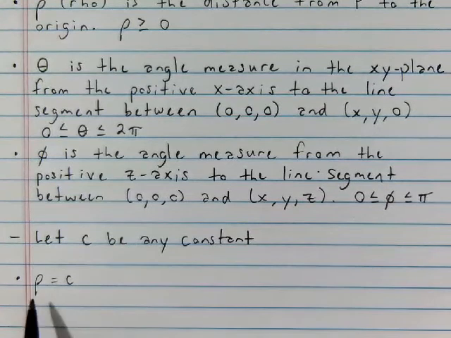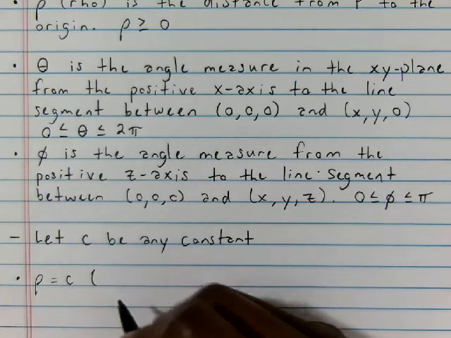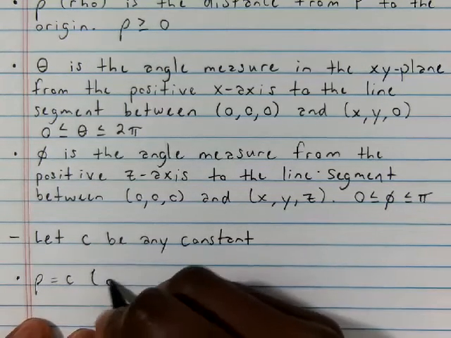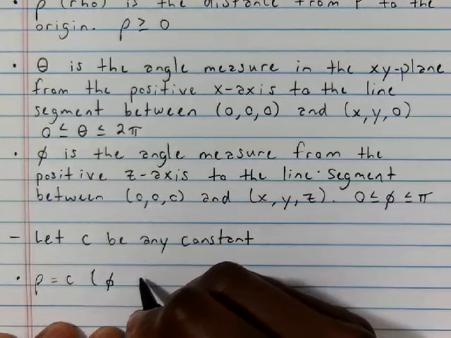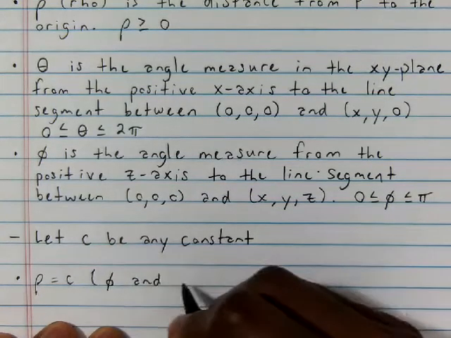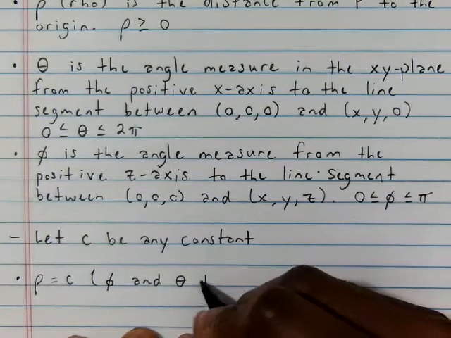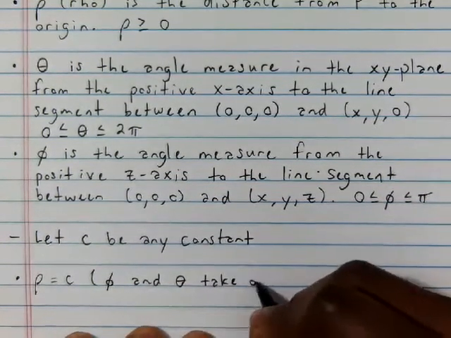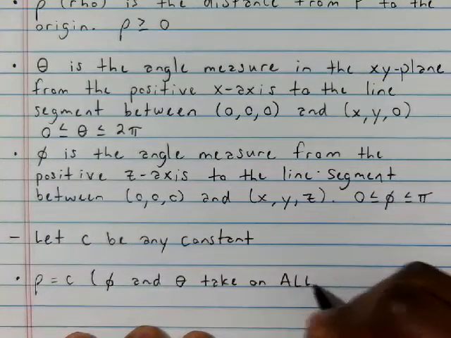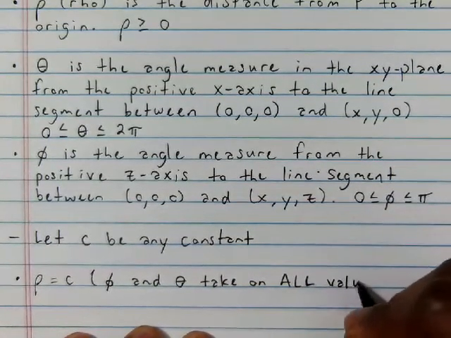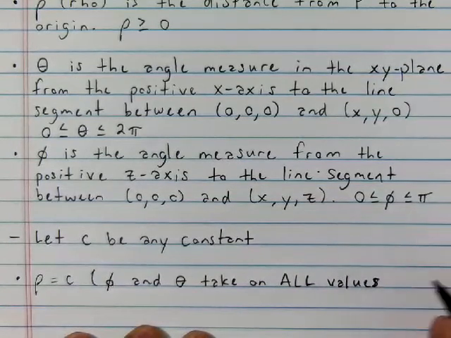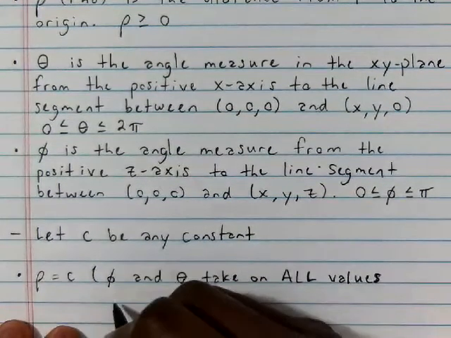So when rho is just equal to some constant C, and remember we're working in spherical coordinates, the fact that we don't see phi and we don't see theta says that they take on all values. So the same thing that we've discussed throughout the semester. So phi and theta take on all values, and that's just the values within their range.